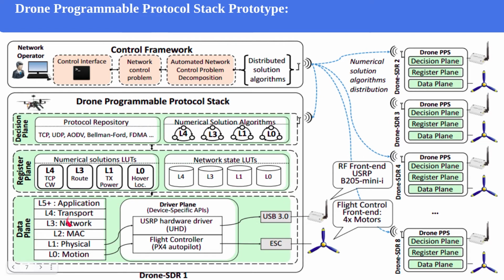The second one is the data plane, which is responsible for implementing the computed optimal solutions by reconfiguring the network and flight control operating parameters. To do so, the data plane implements a fully programmable protocol stack that spans all the network and motion layers.